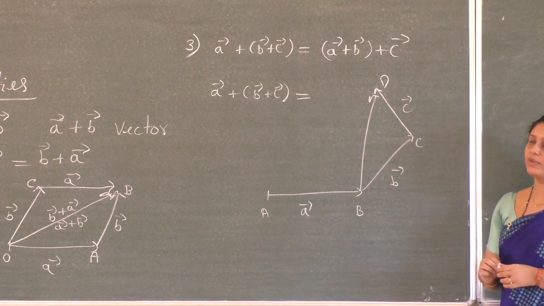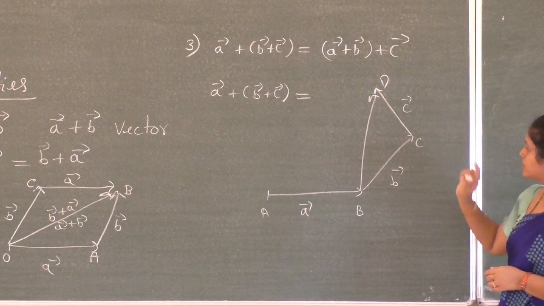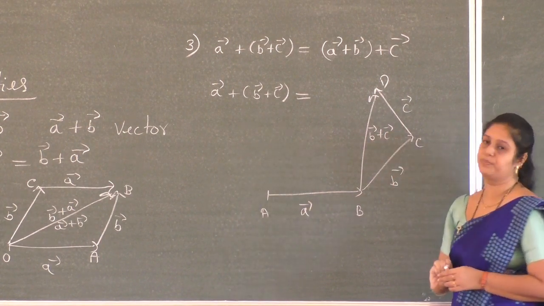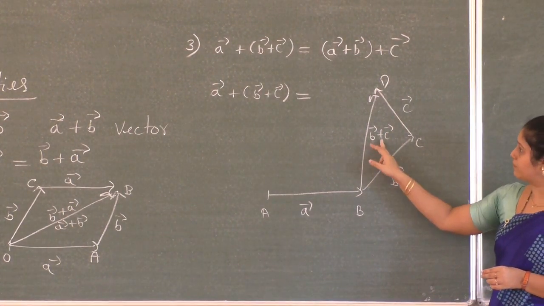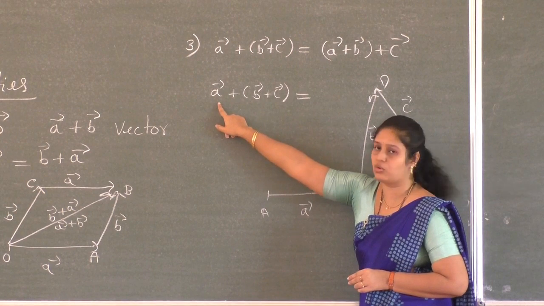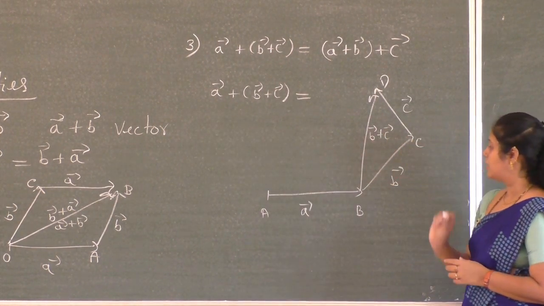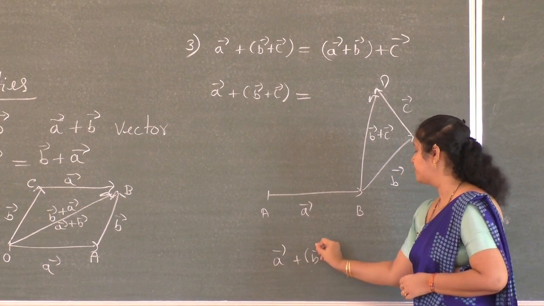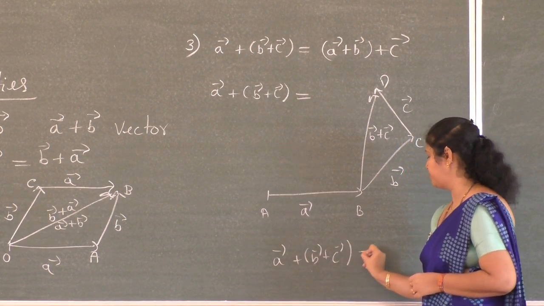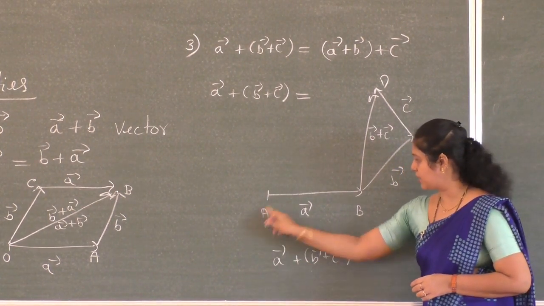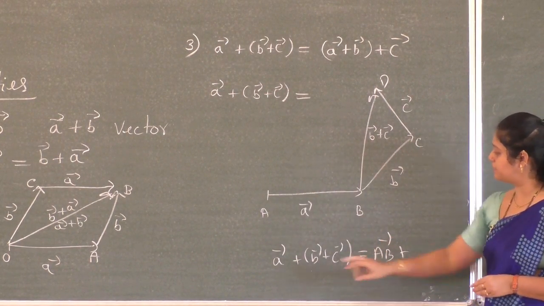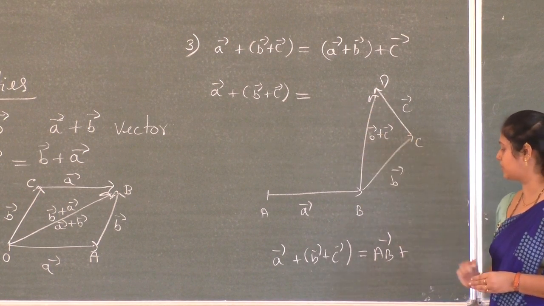So this vector BD is vector B plus vector C. Now, after adding vector B plus vector C, we have to add vector A.